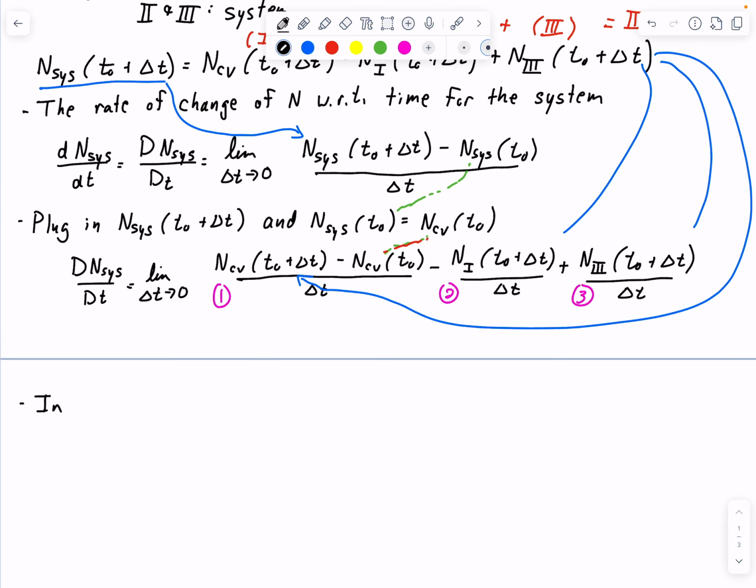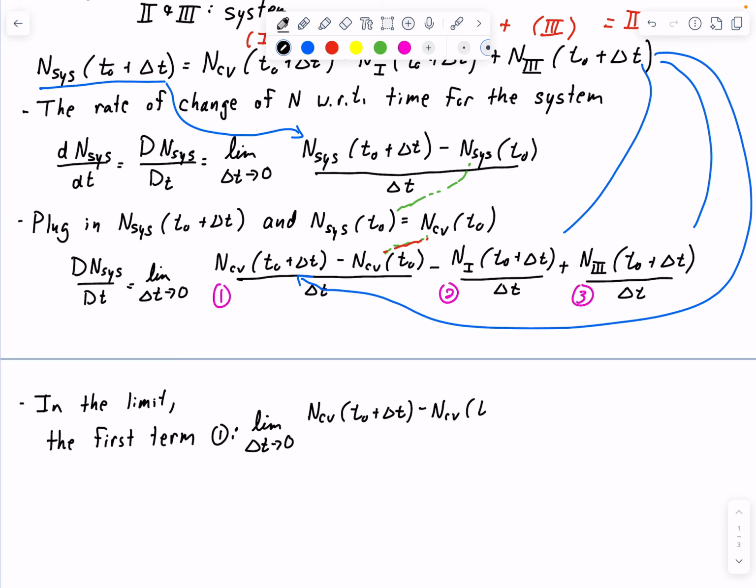Okay, so in the limit, the first term, or term 1, we have the limit as delta t approaches 0 of N of the control volume at time t naught plus delta t minus N of the control volume at time t naught, divided by delta t.